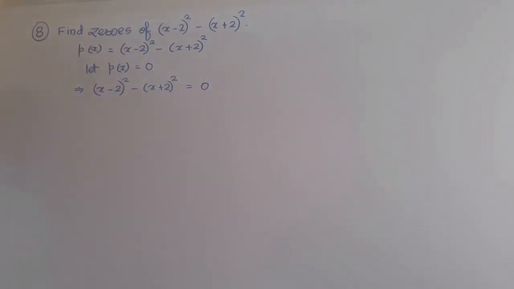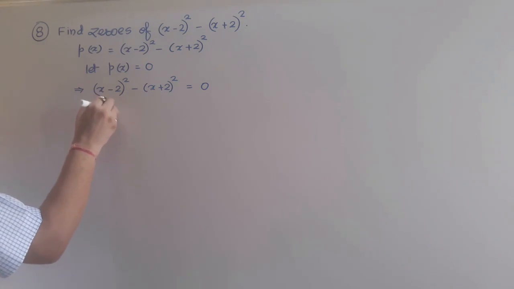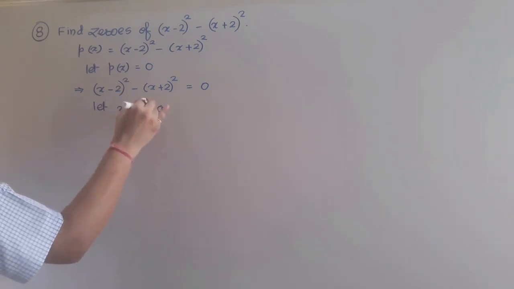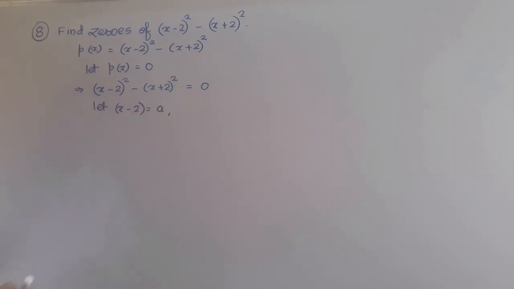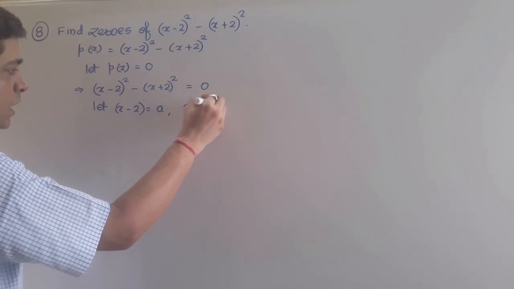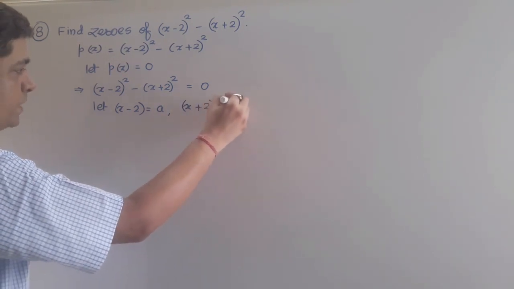Now to simplify in this manner, the question is a little bit difficult for us. So what shall we do? First of all, I will suppose here again x minus 2 is equal to a. The whole x minus 2 I am supposing by a, and x plus 2 I am supposing by b.